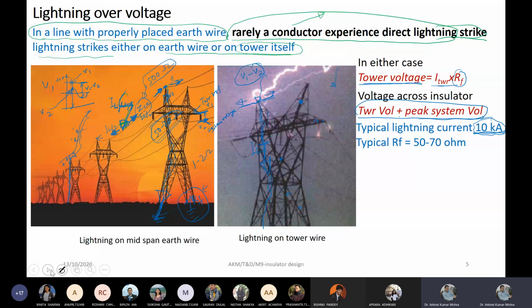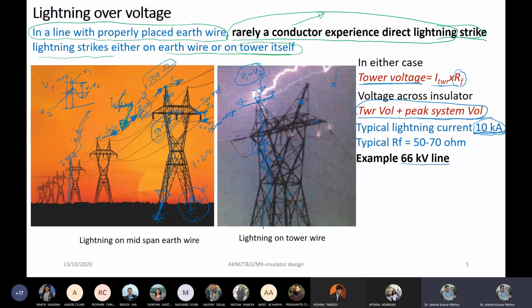So with this, let's try to find out what the voltage across the insulator will be if our system voltage is, say, 66 kV. Now, the worst case for lightning: as you have seen, lightning may strike on the line and on the tower itself. And secondly, the lightning current value is not fixed. Even if it strikes in the mid span and half goes each way, half of what?